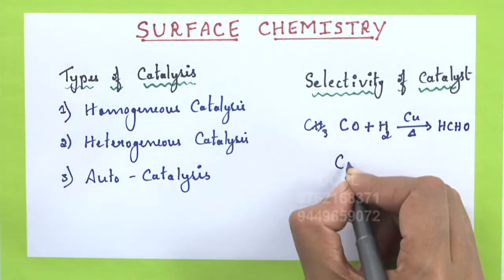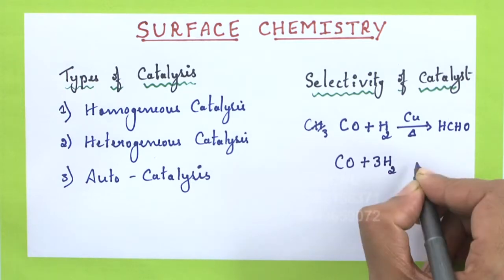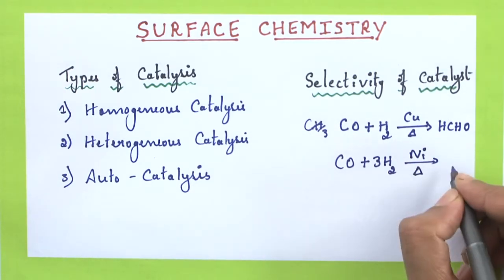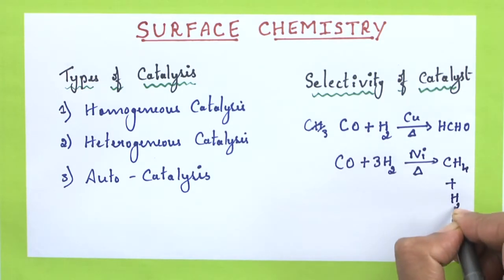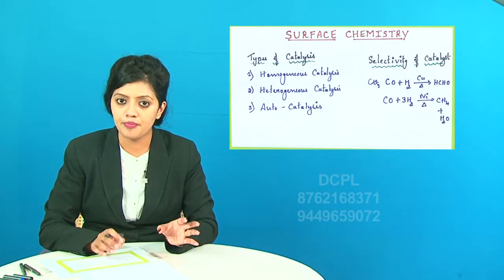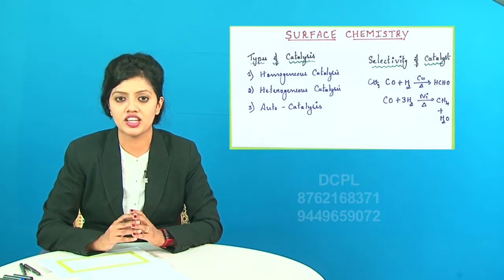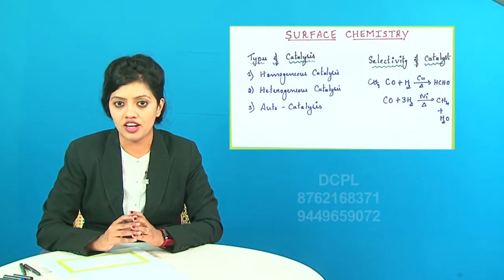Then when we choose again the same reactants, CO plus 3H2, when we change the catalyst, nickel and little bit of heating, it gives methane plus water. In this we can realize that though the reactants are same, in the presence of a catalyst it yields two different products, and hence we know that catalysts are selective in their action.